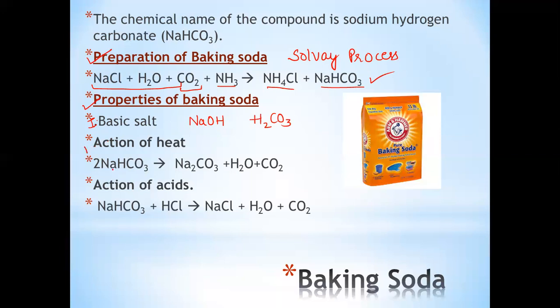On heating, sodium hydrogen carbonate forms sodium carbonate Na2CO3, water H2O, and carbon dioxide CO2. Reaction with acid: sodium hydrogen carbonate, when reacted with hydrochloric acid, forms sodium chloride NaCl, water H2O, and carbon dioxide CO2.